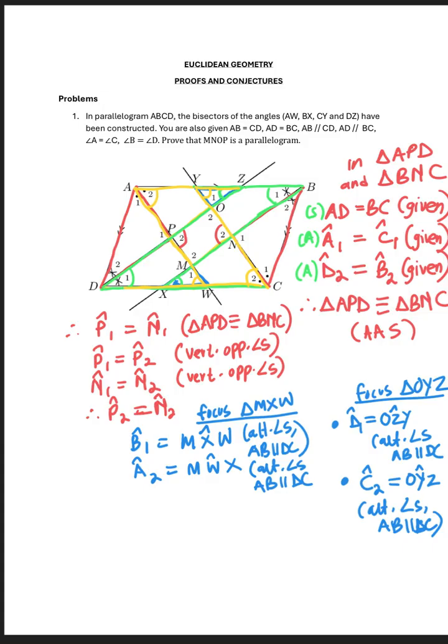And then now that we have this information, right? Angle D1, we just showed that D1 is equal to OZY. But angle D1 is equal to angle B1. It's given.